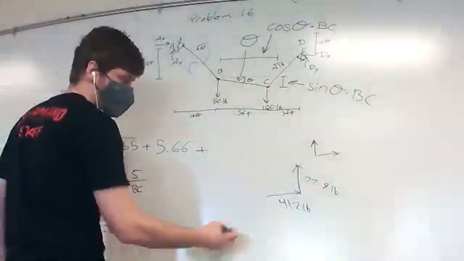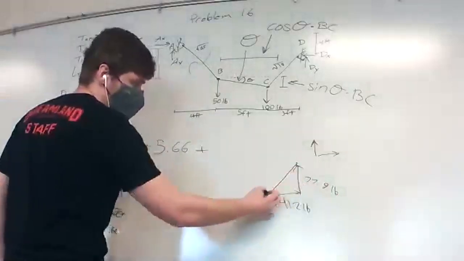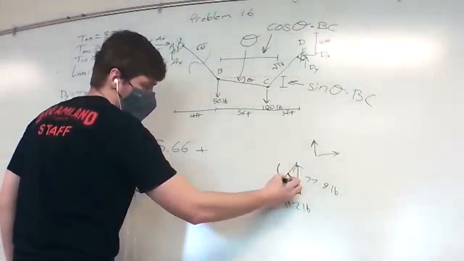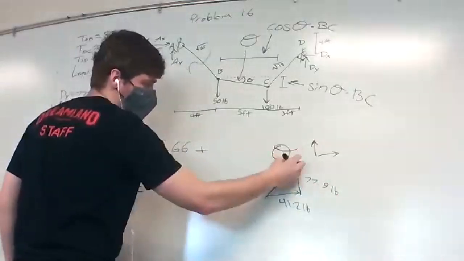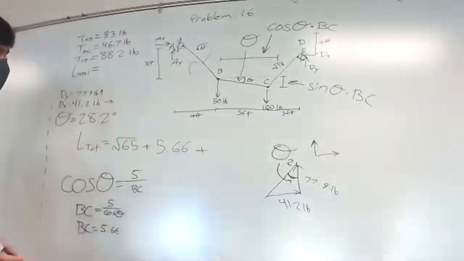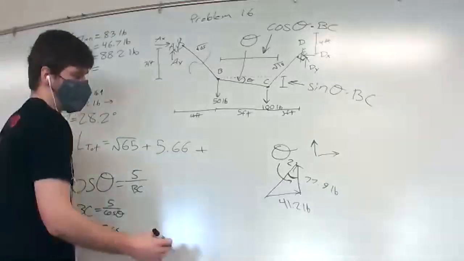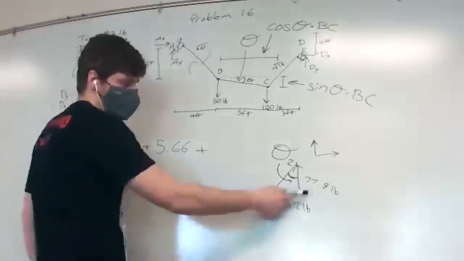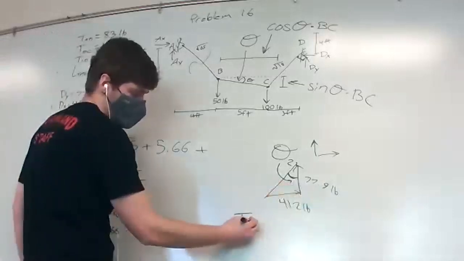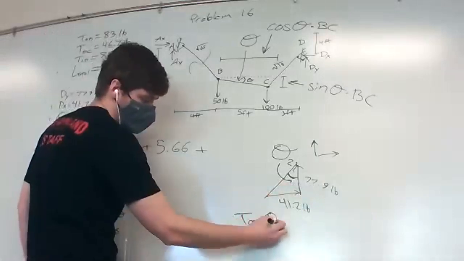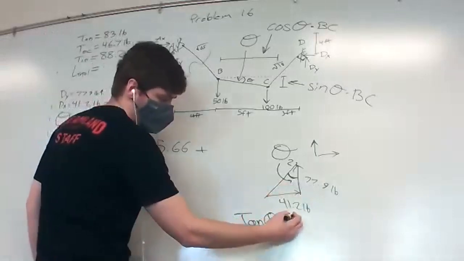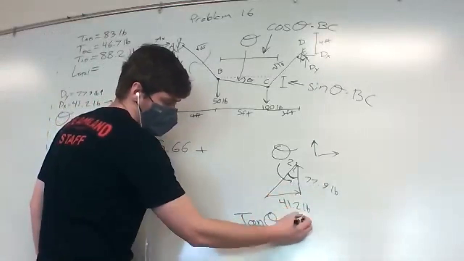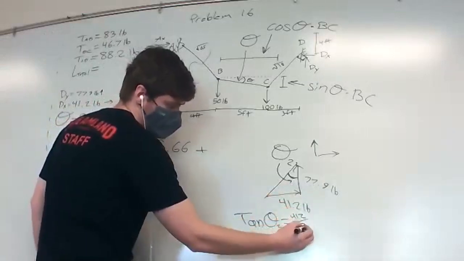So we can take, and then we would have like this, right? So we could find this angle, this new unknown theta. I'm going to call it theta 2, just so that there's no confusion. By doing tangent, because tangent is opposite over adjacent. So tangent of theta 2 is going to be equal to the 41.2 divided by 77.9.